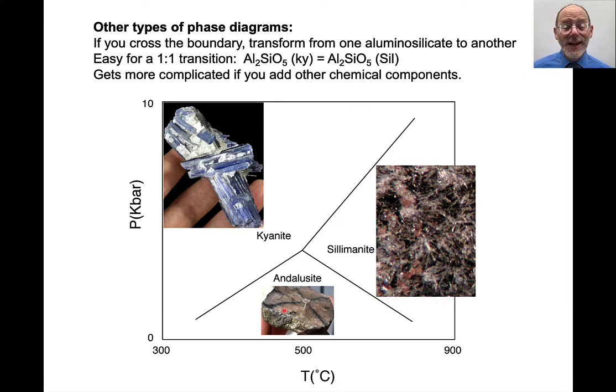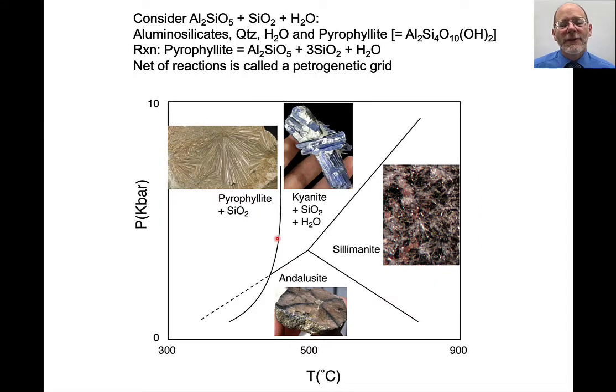It does get more complicated if you add other chemical components, but for this end member composition, this is the phase diagram that describes the stability fields of these three phases. Now, if you start adding other components to the system, then there can be other minerals that are stable at different pressure temperature conditions. So if you have quartz in a system, there is the mineral pyrophyllite.